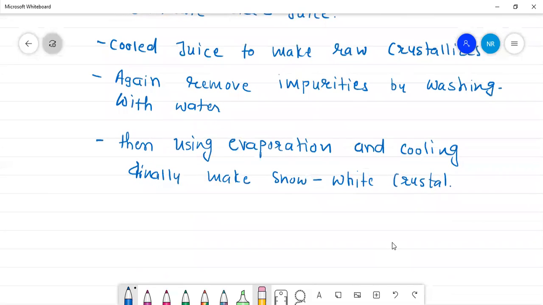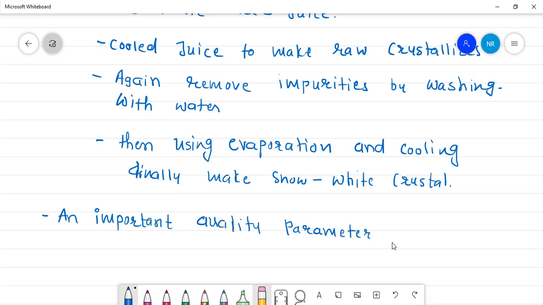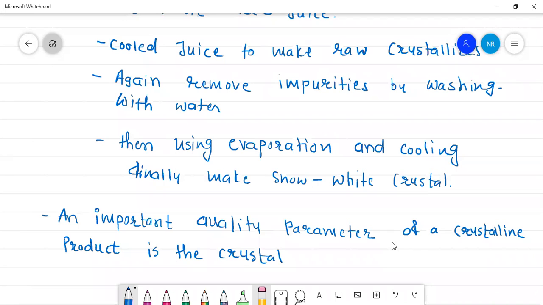So the challenging task in crystallization is an important quality parameter of a crystalline product, which is the crystal size distribution.